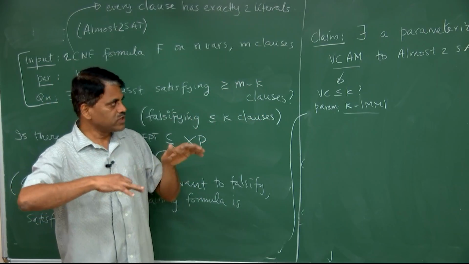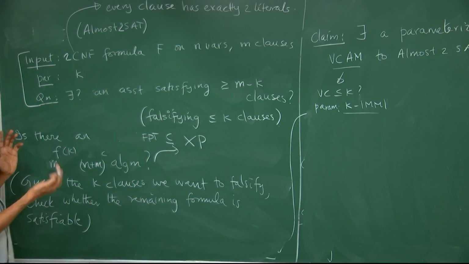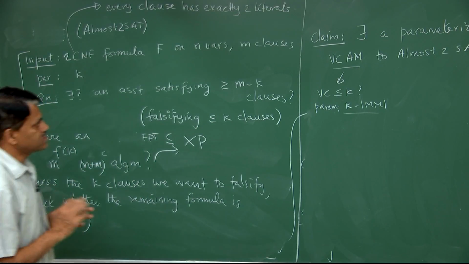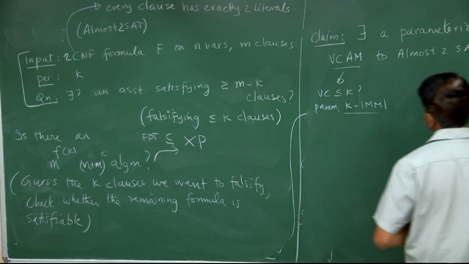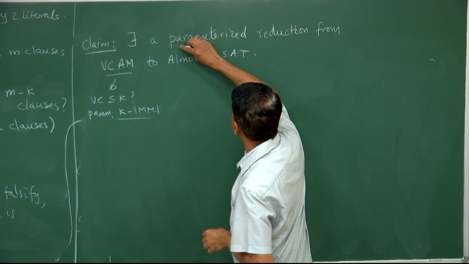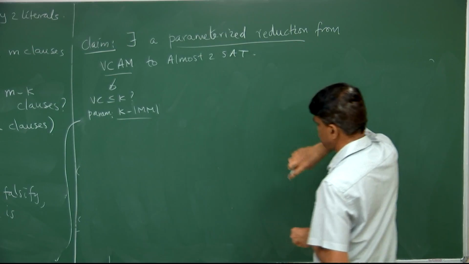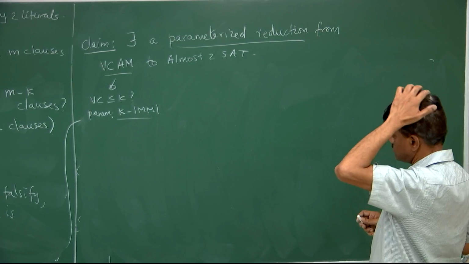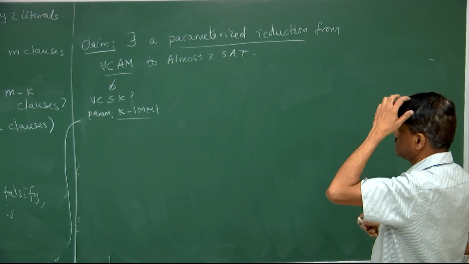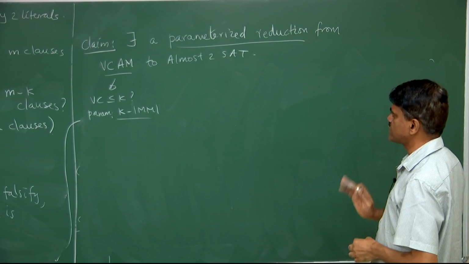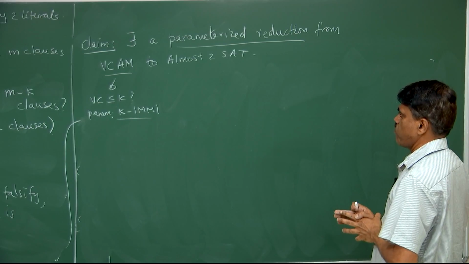This shows that this problem is more or less the same as this problem. And by parameterized reduction, what I mean is that the parameter should go... okay, I'll get to that later.